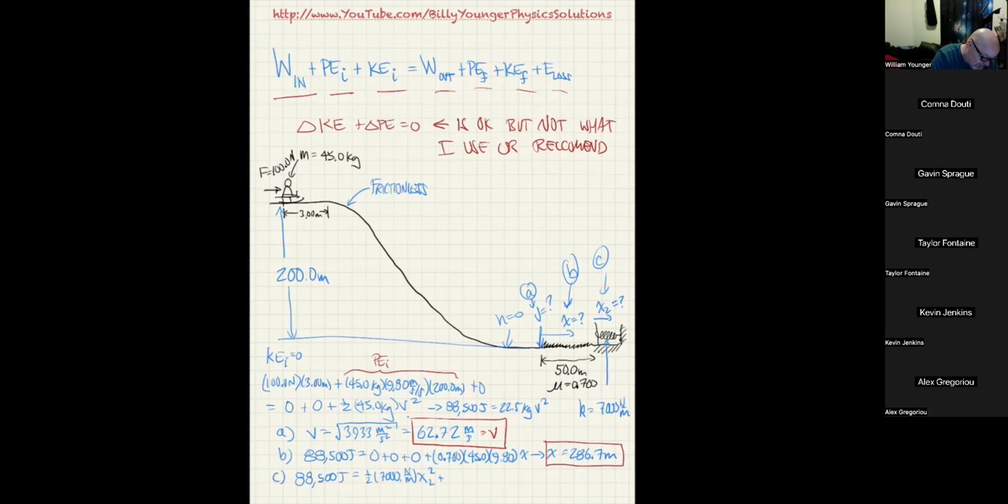I'm saying that's being added to 0 for the final potential energy, 0 for the final kinetic energy, but there is an E loss that I've got to take into account, which is 0.700, 45.0, 9.80, and then of course the actual 50 meters that it can go. And I've got to solve for x2.